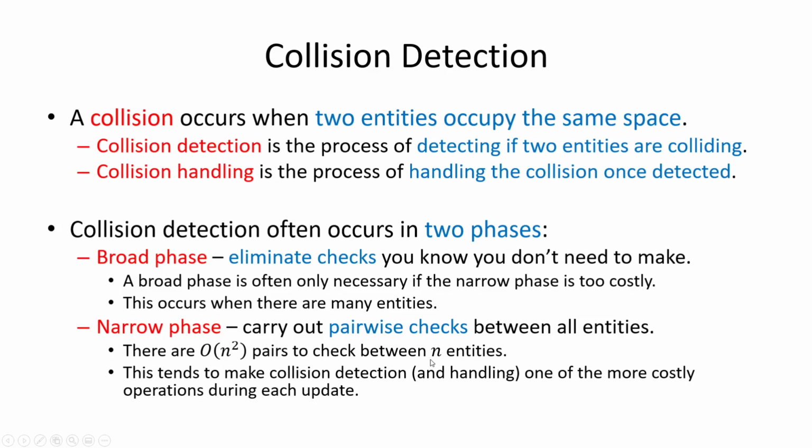And so often we'll do that in an earlier phase, which we'll call a broad phase, where we try and eliminate checks that we don't need to make. And there's a couple of simple and obvious ways to do this. The first one is that sometimes there are certain types of entities that just don't need to know about collisions at all, or they only need to know about collisions with a small group of other entities.